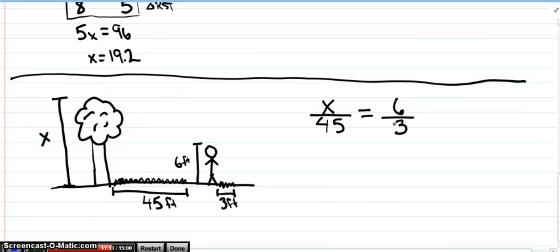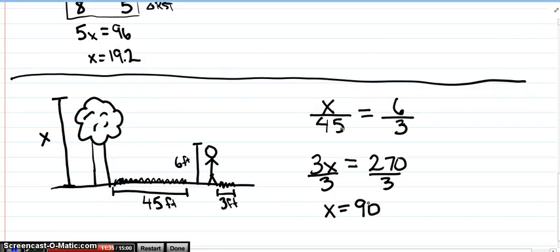So we cross multiply. 3 times X is 3X. The equal sign gets stuck in the middle, and then 6 times 45 equals 270. And then we divide both sides by 3. And X equals 90. What was our units? Always remember that.